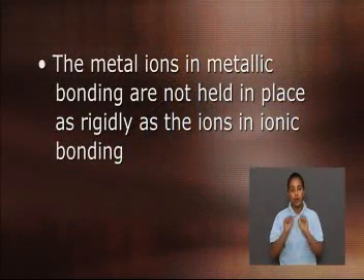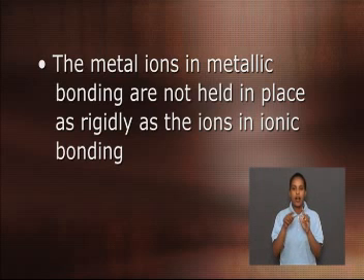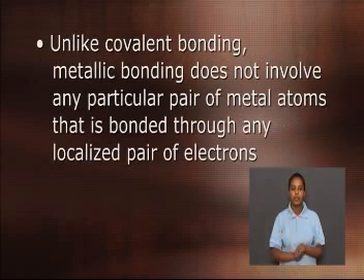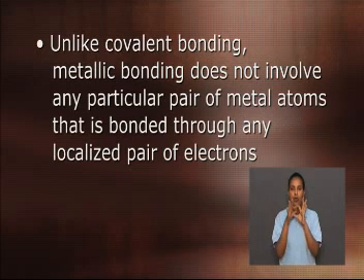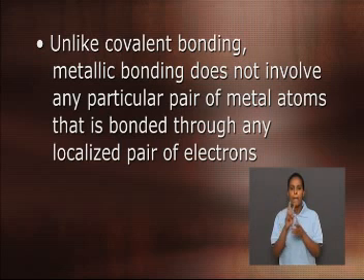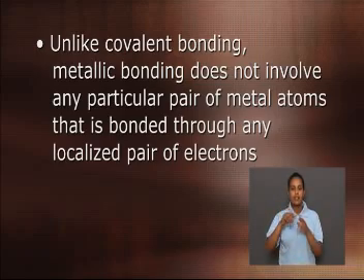In contrast to ionic bonding, the metal ions in metallic bonding are not held in place as rigidly as they are in ionic solids. In contrast to covalent bonding, metallic bonding does not involve any particular pair of metal atoms that is bonded through any localized pair of electrons.